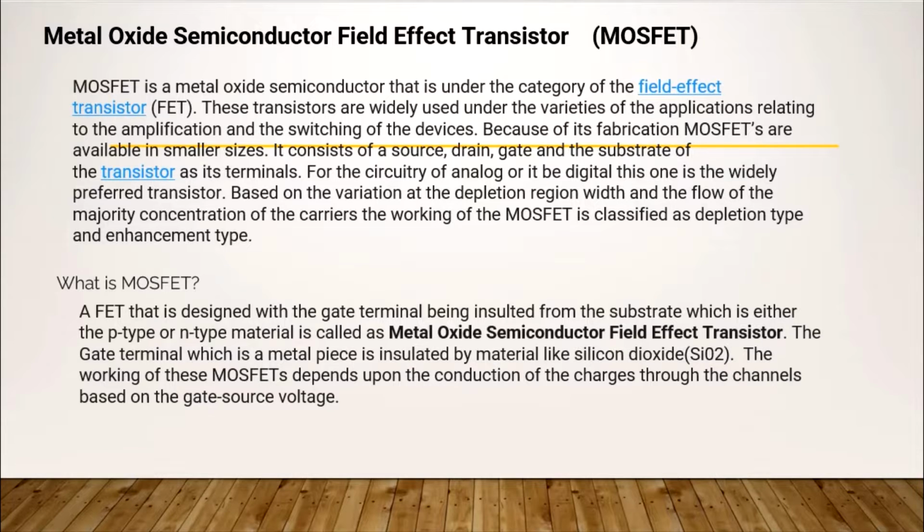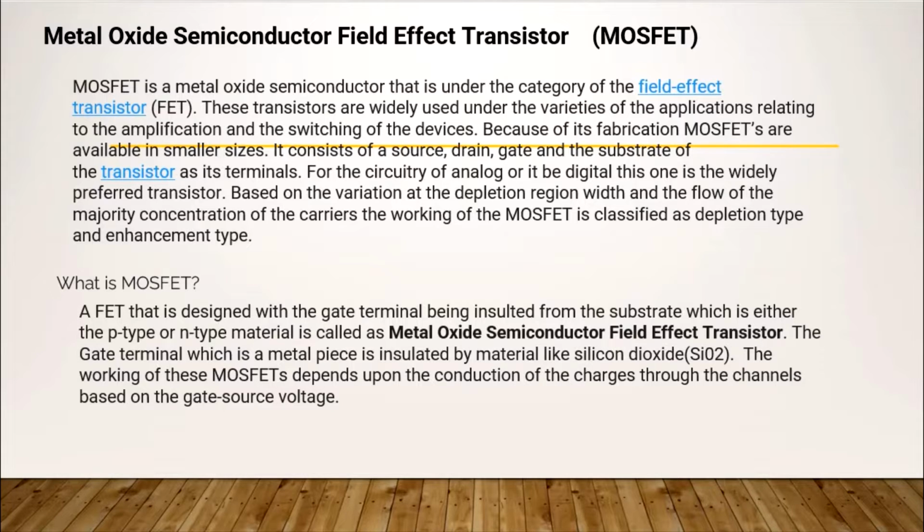These transistors are widely used in a variety of applications relating to the amplification and the switching of devices. Because of its applications, MOSFETs are available in smaller sizes. It consists of a source, drain, gate, and the substrate of the transistor as its terminals.